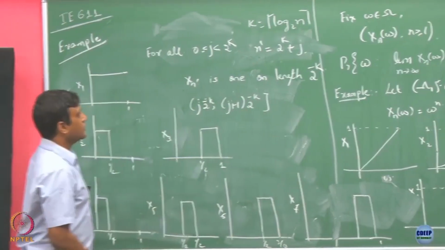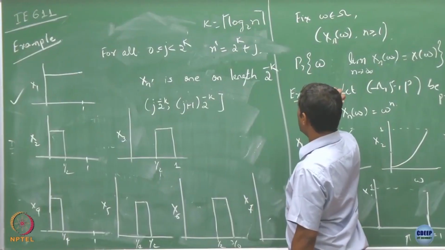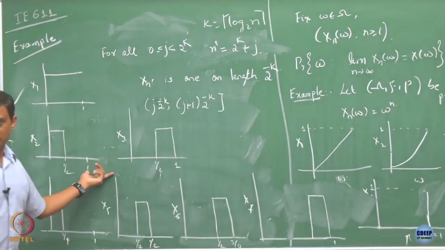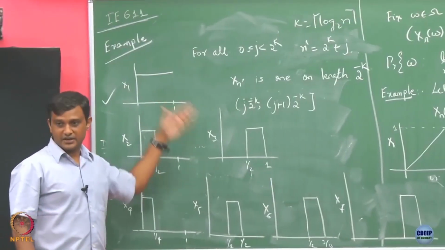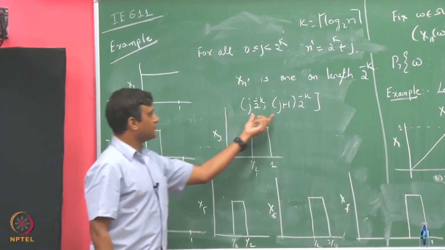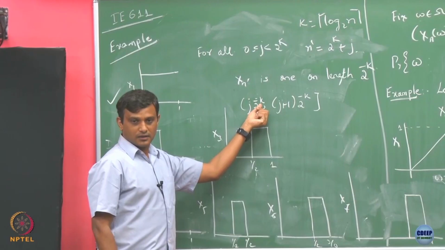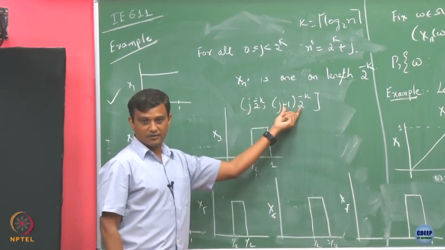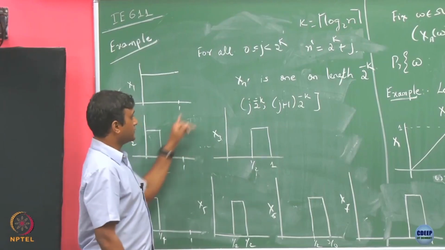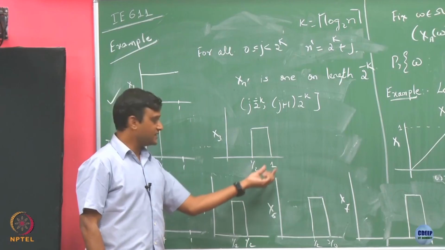And now if you go further, you can continue to do this and you will see that in this first half, when k equals 1, this is going to take the value 1 on 0 to half, and when you go to the next index, it is going to take the value 1 on the next interval.